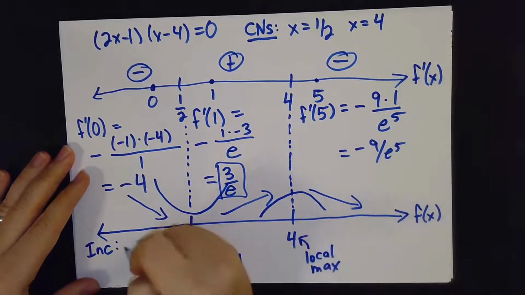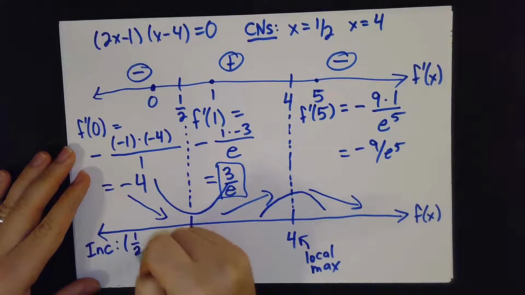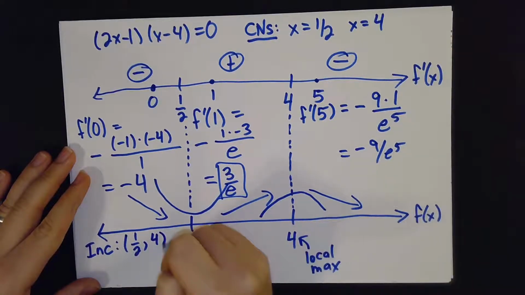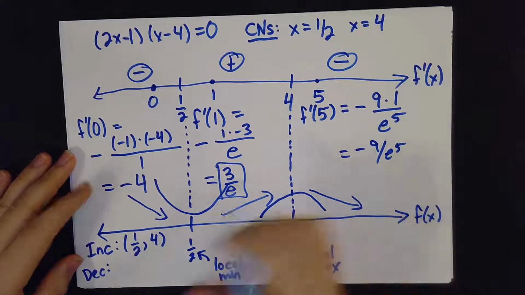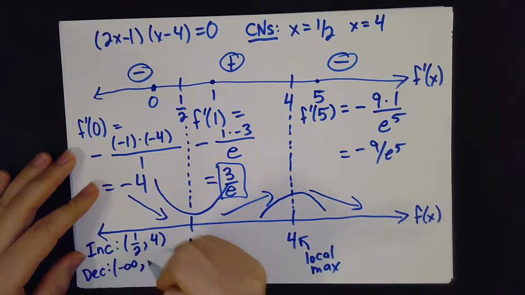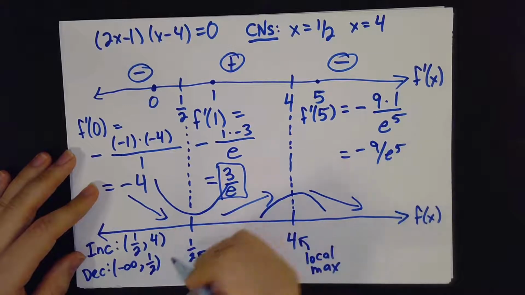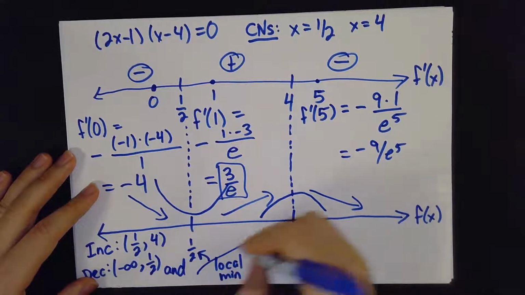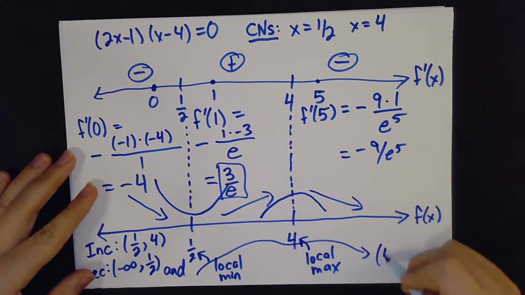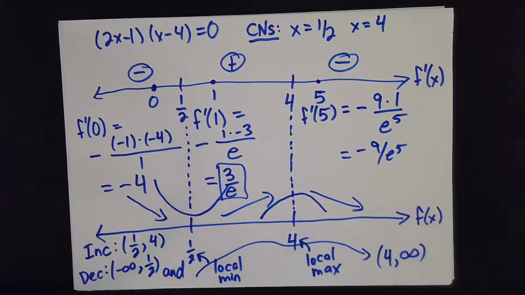So it is increasing on the interval 1/2 to 4, and it is decreasing on the interval -infinity to 1/2, and the interval 4 to infinity.